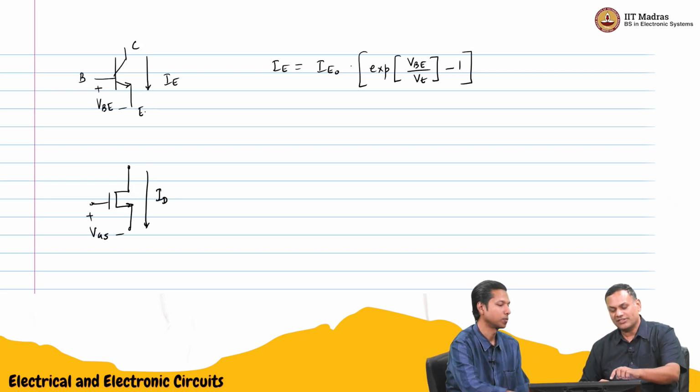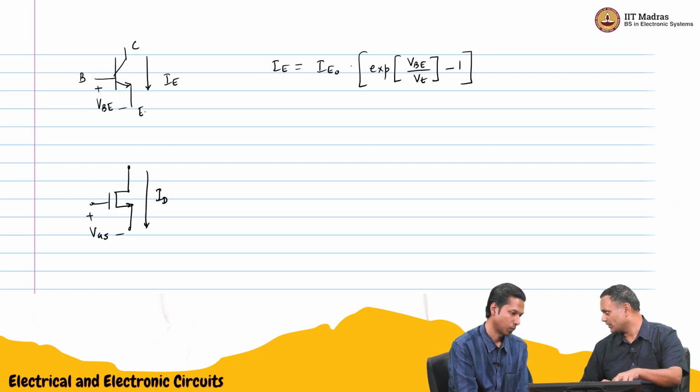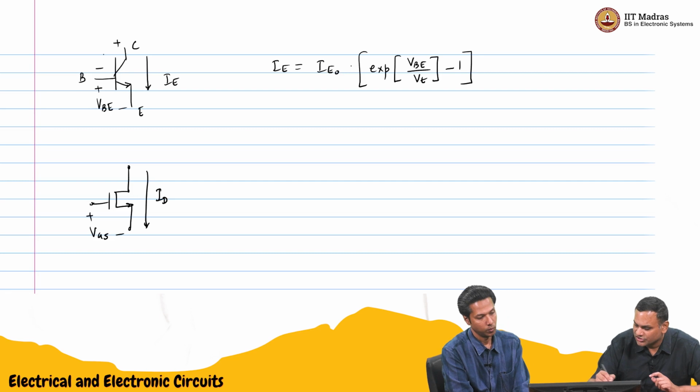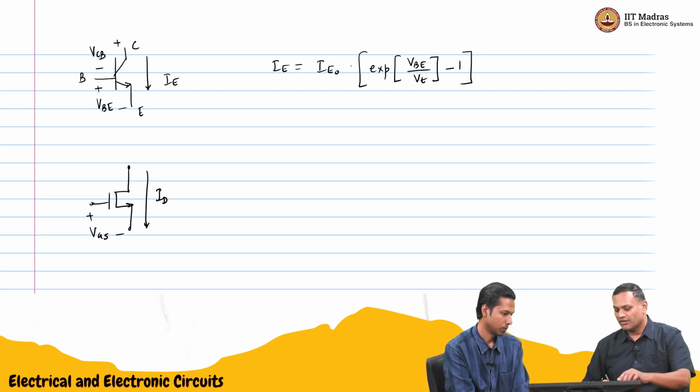NPN. So we said this PN junction is forward biased, but this junction should be reverse biased. Same way, if you're trying to build an amplifier, you want the drain voltage to be much larger than the gate voltage.